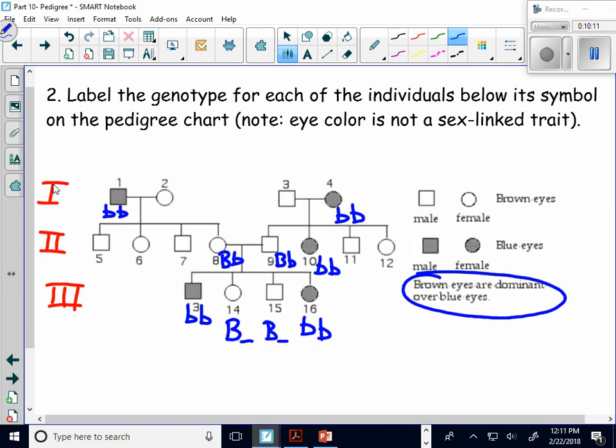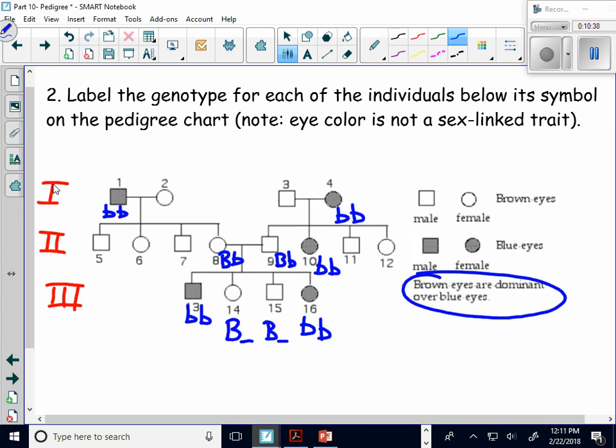Okay, where do you want to go next? Sydney, where do you want to go next? Just pick, it doesn't matter.